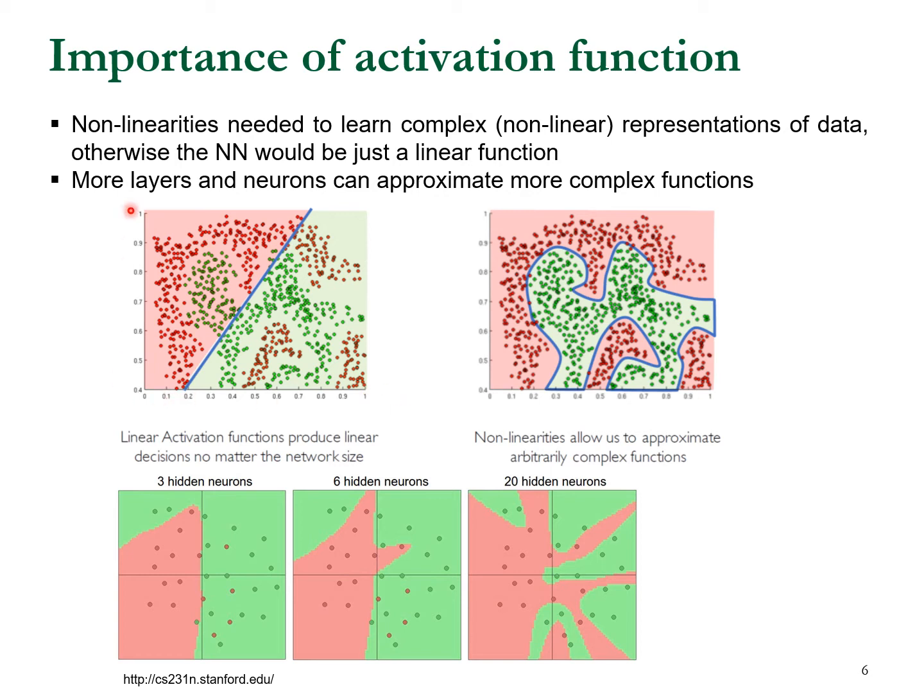In this example, using this straight line, there is no way you can find a boundary which separates red and green. That is the problem. That's why we have to choose a nonlinear activation function in our multi-layer network.